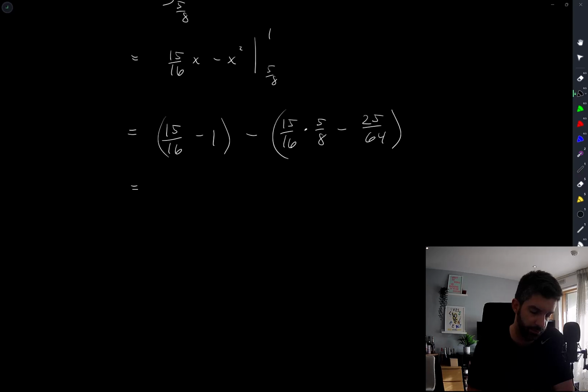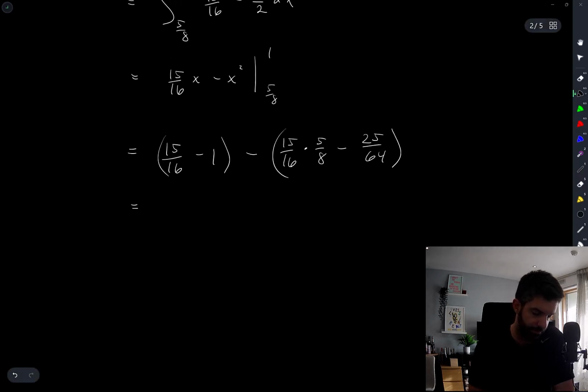You put everything over the same denominator again. Well, let me write this first as negative 1 over 16 minus 15 times 5 over 2 times 64 plus 50 over 2 times 64.